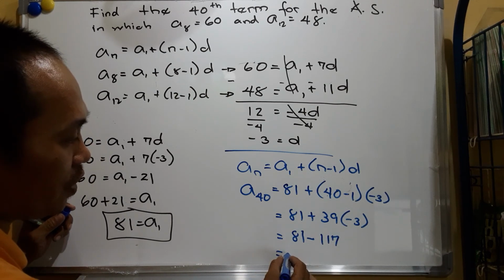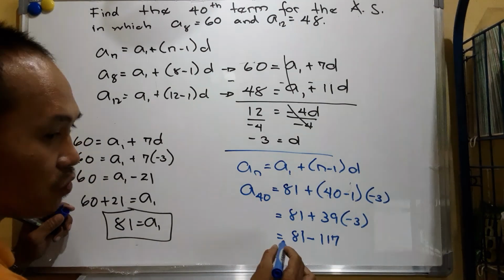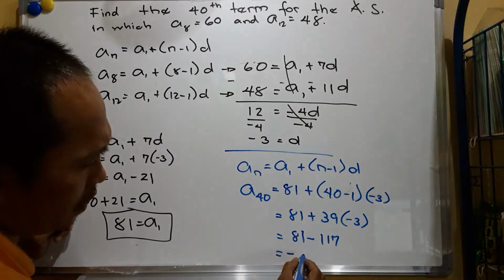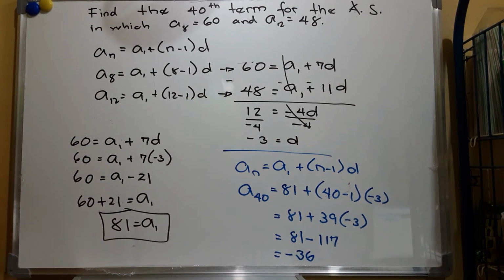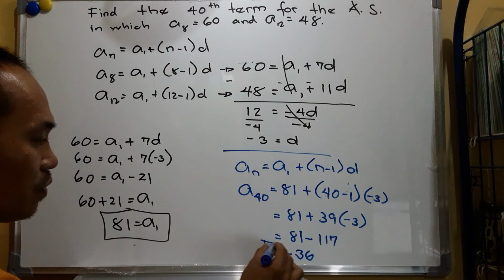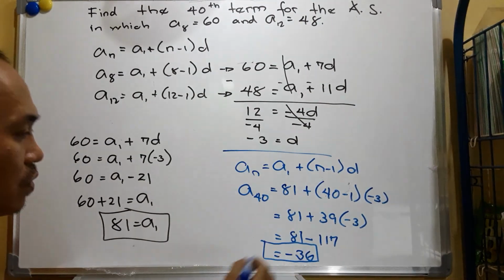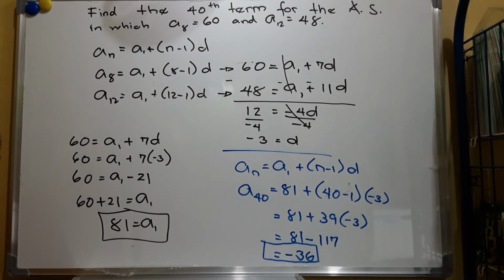So, our 40th term is 81 minus 117, which is negative 36. So, the 40th term of the arithmetic sequence is negative 36.